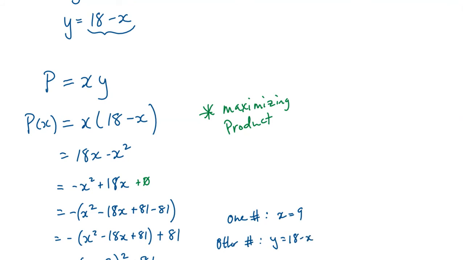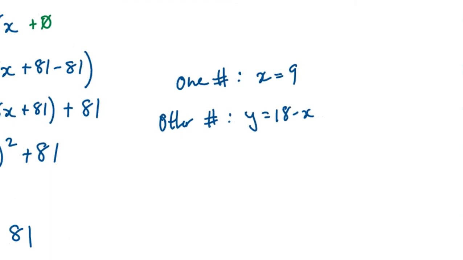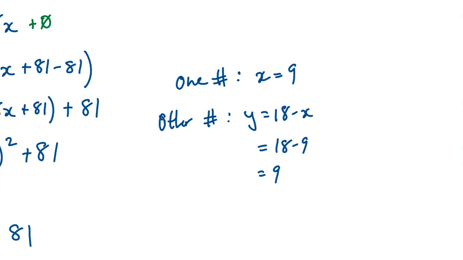It said find the two numbers. What are the two numbers? Two numbers are x and y. We've already got x. We've got to find y. Y is 18 minus x, but I know what x is. So that's 18 minus 9, which is 9. What's interesting about that? My two numbers are 9 and 9. What's 9 times 9? It's 81. That was the maximum product that we saw.